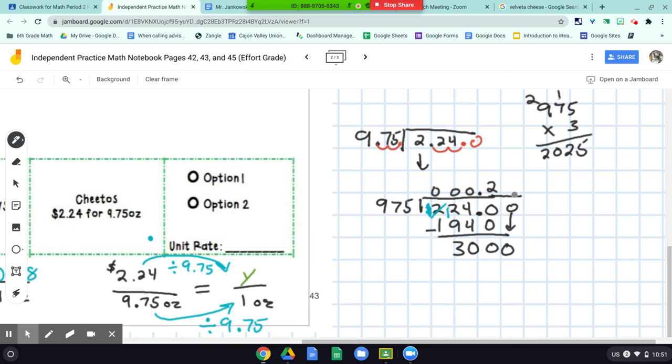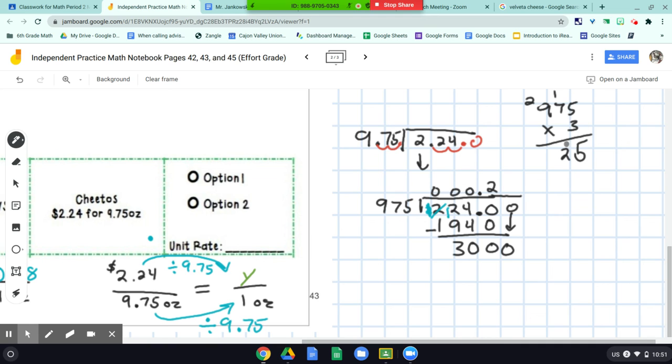So let's see. Actually, let's do 975 times... Did I do that right? Let's double check that. 5 times 3 is 15. Carry the 1. 3 times 7 is 21, plus 1 is 22. 9 times 3 is 18, plus 2.